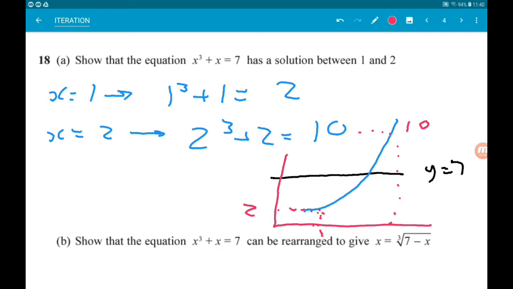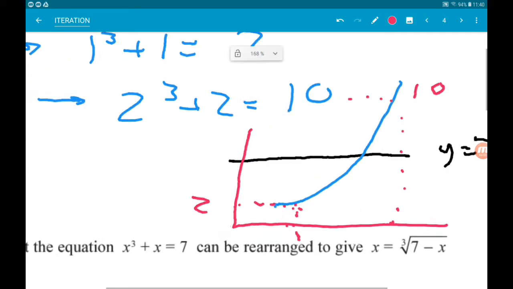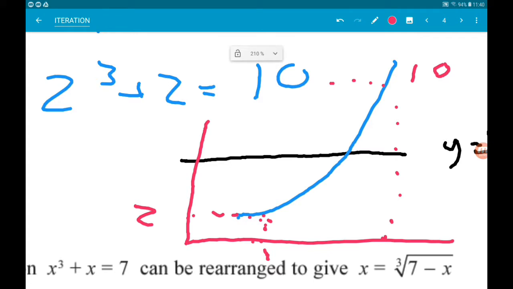Now what we're going to be doing is trying to find the solution to this equation, so we are going to be looking for the x value of that point there.